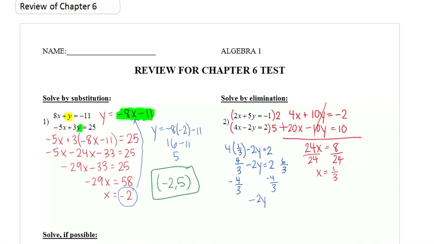So I end up with -2y equals 6/3 minus 4/3, which is 2/3. I would divide both sides by -2, which is really the same thing as multiplying by -1/2. My 2's reduce, and I get y equals -1/3. So my final answer is 1/3, negative 1/3.